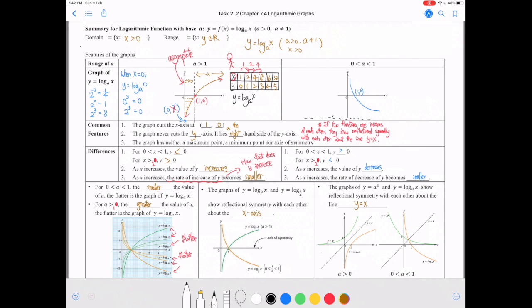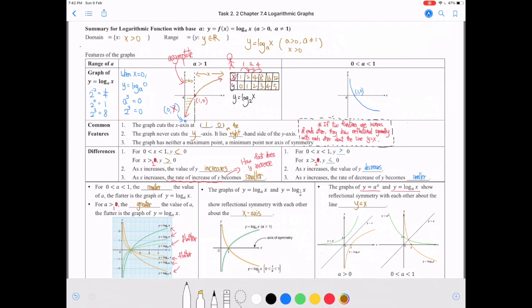If two functions are inverses of each other, they will show reflectional symmetry with each other about the line y equals x. What does that mean? That means y equals a to the power of x and y equals log base a of x are inverses of each other. Can we prove that? How do we know if they are inverses of each other?